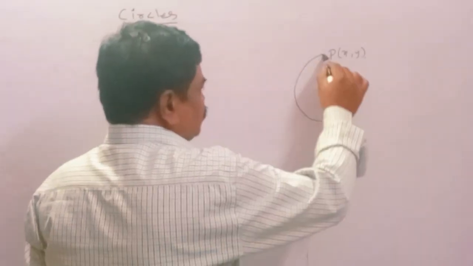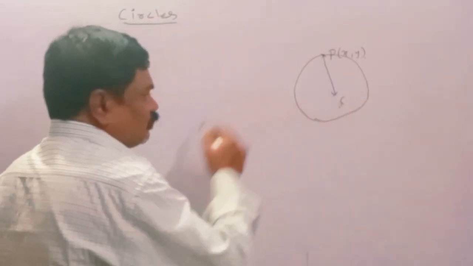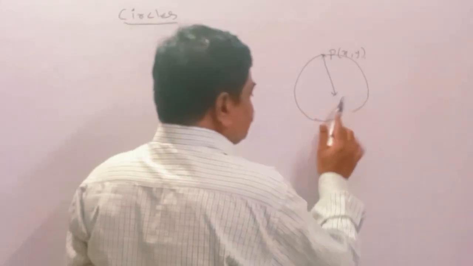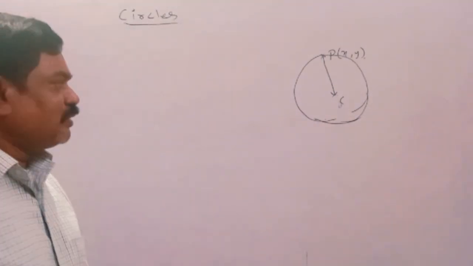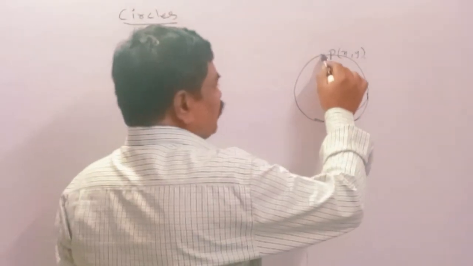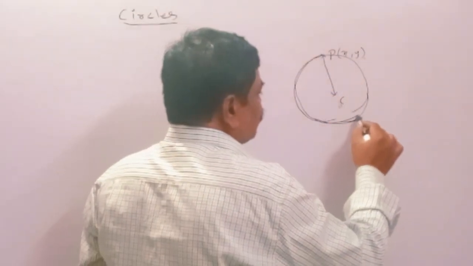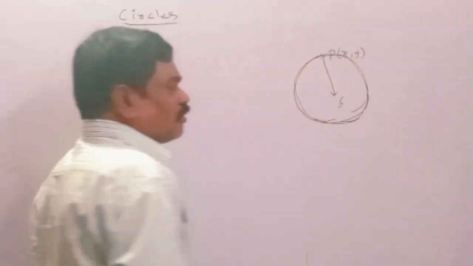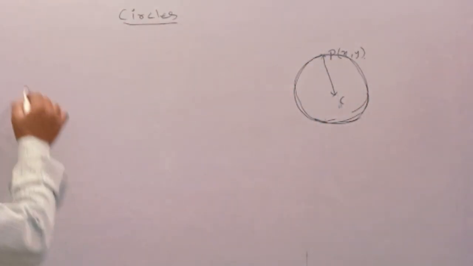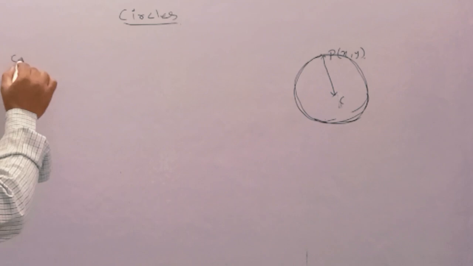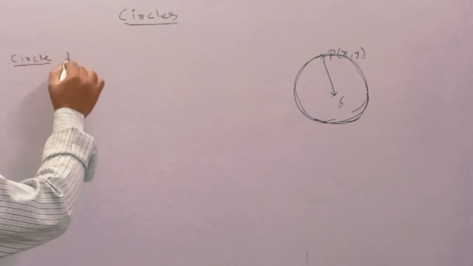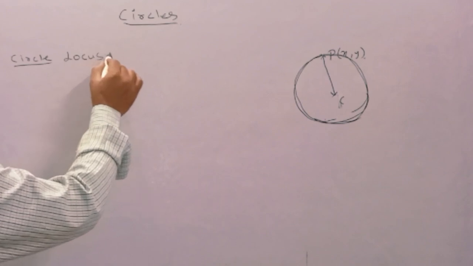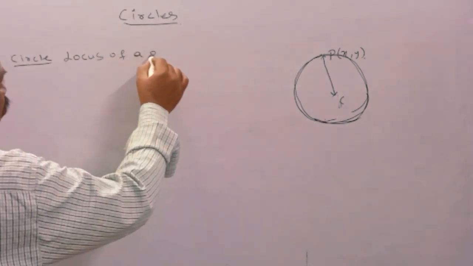The locus of this point is called a circle. So what is the definition of the circle? Definition of the circle: locus of a point.